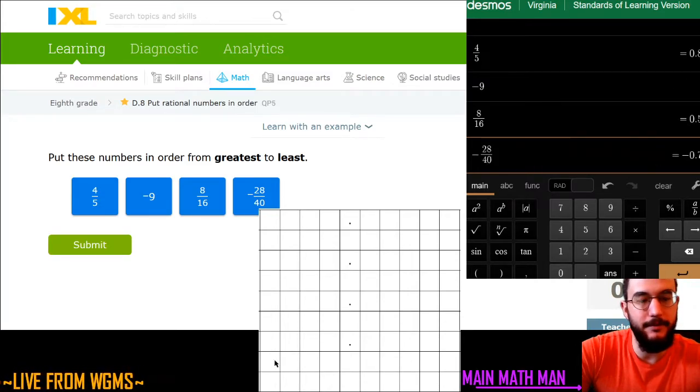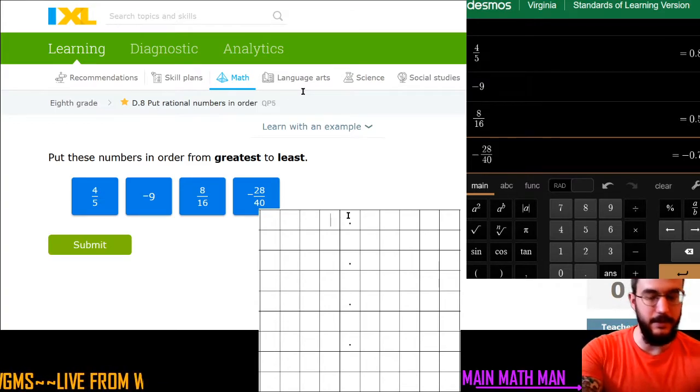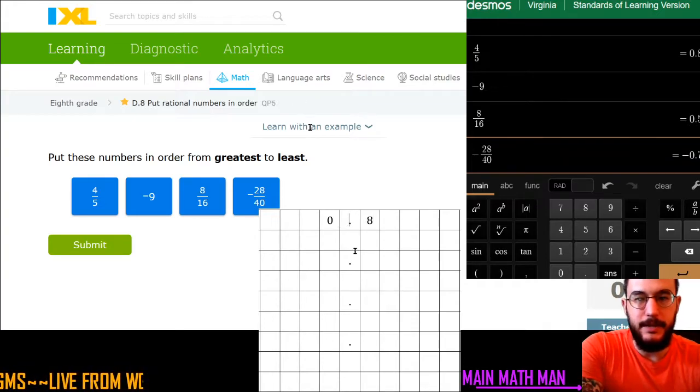Alright, so now that we have our decimal values, I'm going to go back over to my grid paper. Make sure you guys can still see that. I'm going to type in my first value, 0 and 0.8. Make sure that you type those decimals in first.